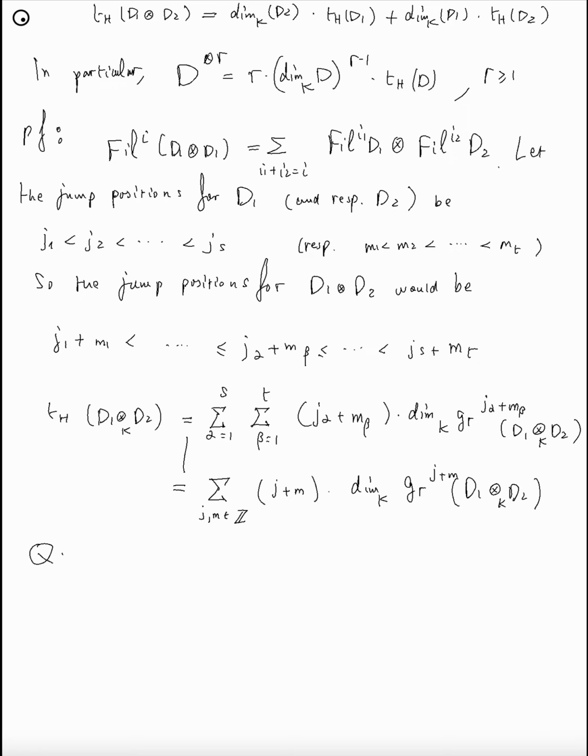The question is, would it be a problem if, let's say, for example, G2 plus M3 equals G3 plus M2?